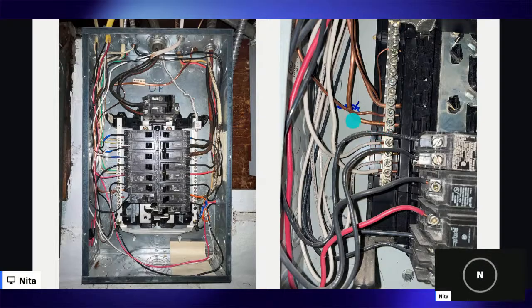Do we have another one? Yeah, so this is a neutral grounding bus bar because we've got neutrals and we've got grounds. The thicker copper wire is our GEC that is connected to our grounding electrode, or our grounding rod that's outside, so it could carry the current out there if necessary.